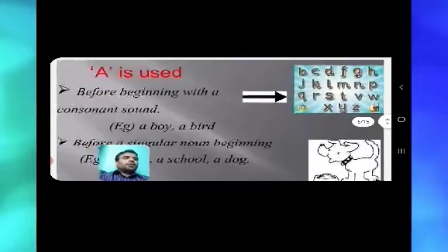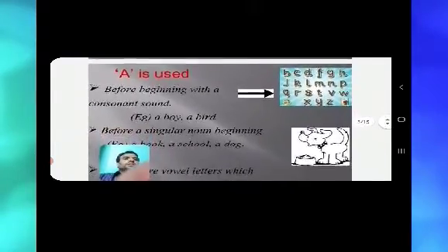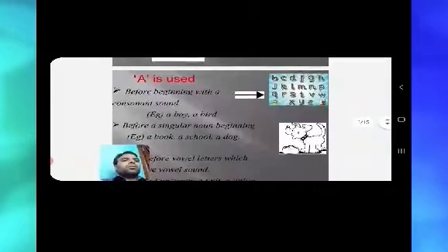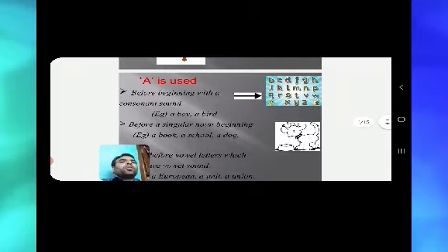I am zooming in a little deeper so that you can see clearly: B, C, D, F, G, H, J, K, L, M, N, P, Q, R, S, T, V, W, X, Y, Z. These are the consonants, and the sounds made by these letters are consonant sounds. So whenever you are using a word with a consonant sound, remember we should use a.